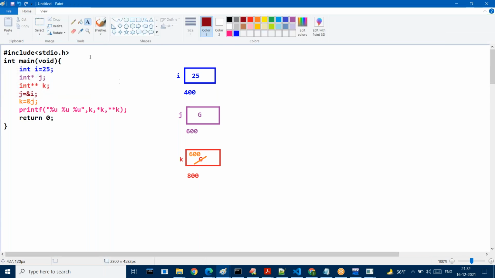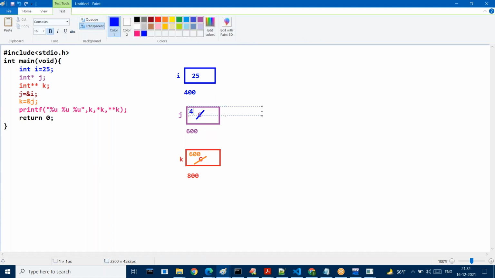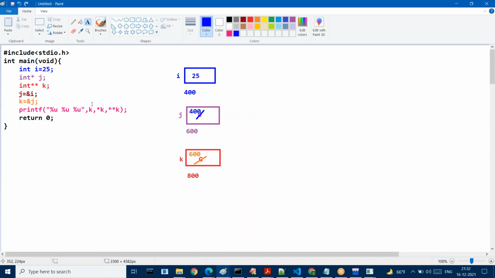No problem. j is equal to &i means what, sir? This address of i, 400, na? This will be coming here, sir. Now you see everything. Sir, k is 600. *k is 400. *k is what?